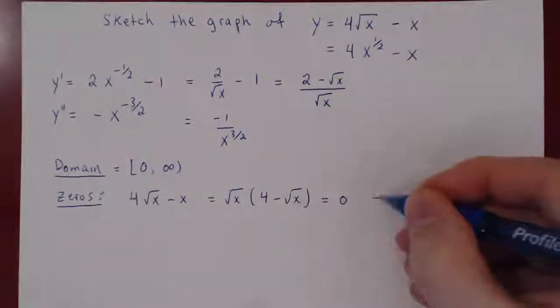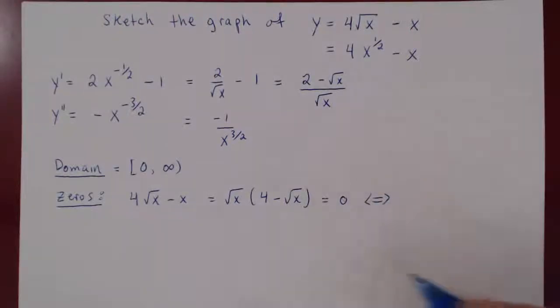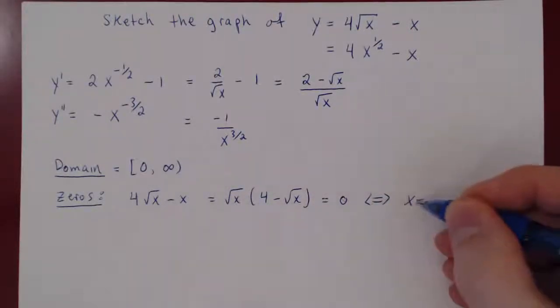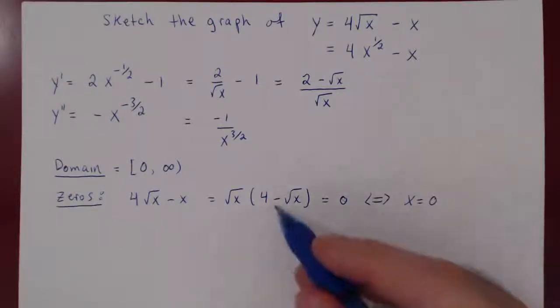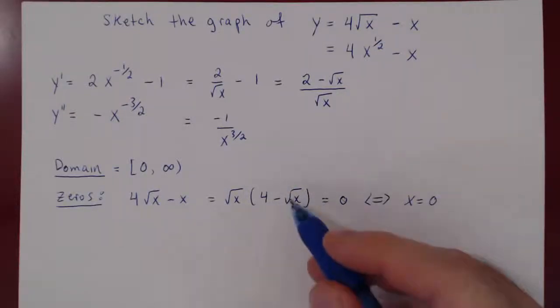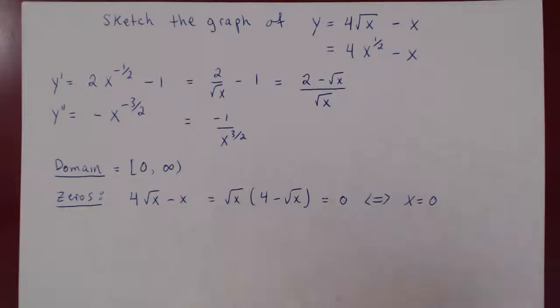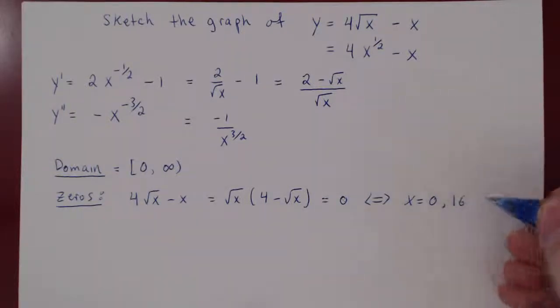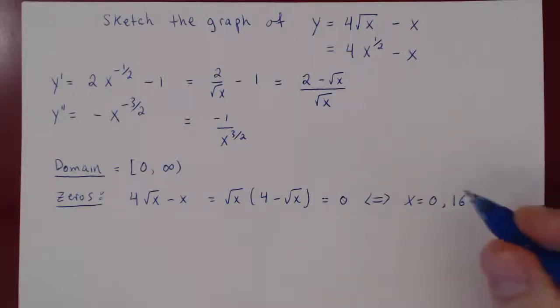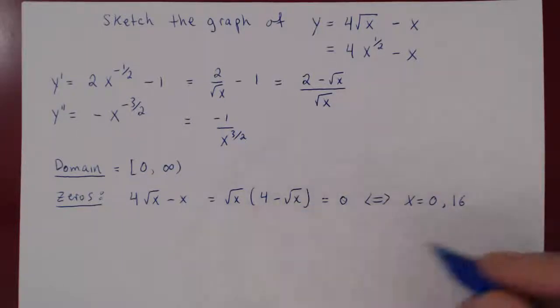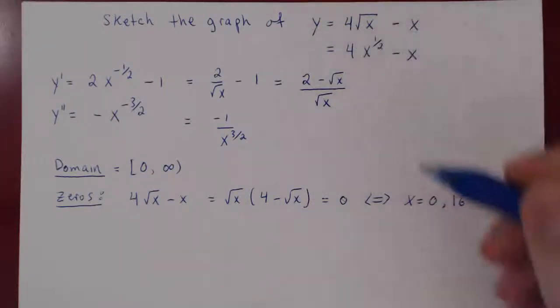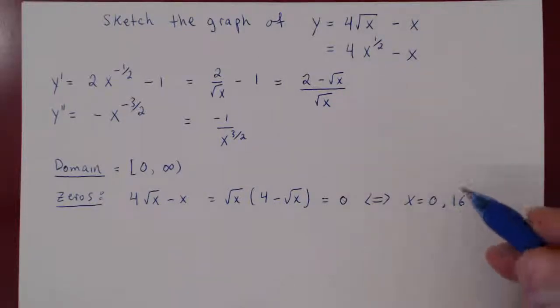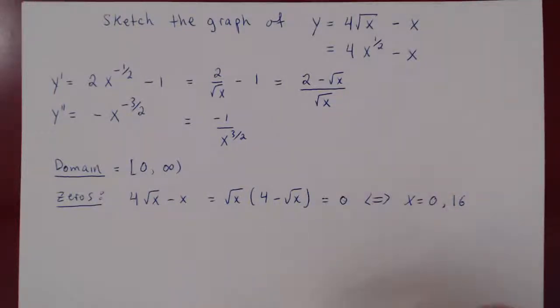And this is equal to 0 if and only if either this term is 0, in which case x is 0, or this term is 0, therefore root of x equals 4. Therefore, if x is 16, root of 16 is 4, 4 minus 4 is 0. So this function has two zeros, when x equals 0 and when x equals 16.